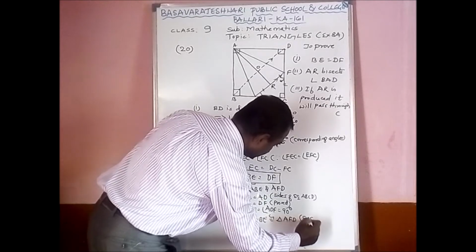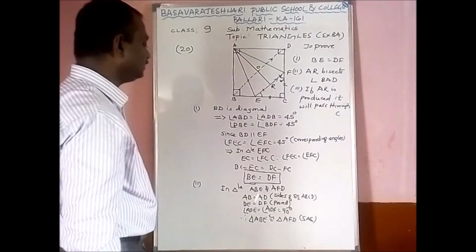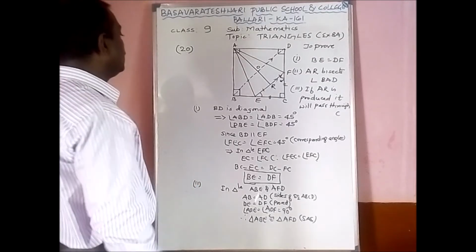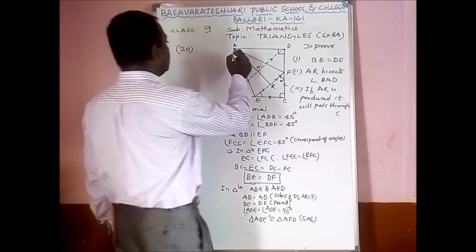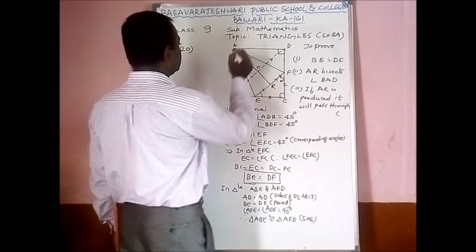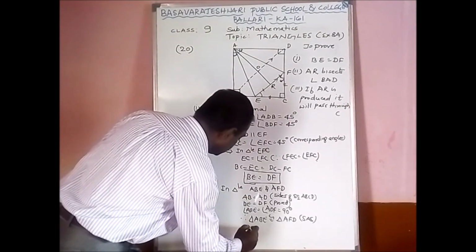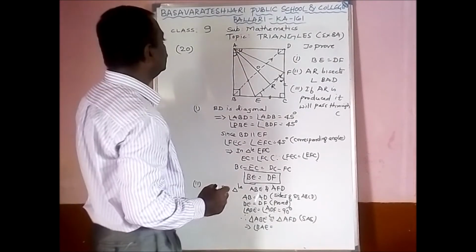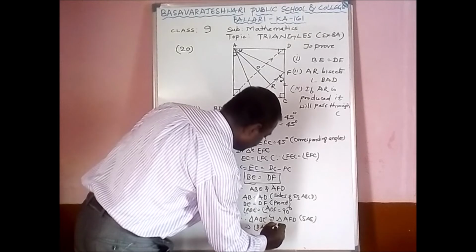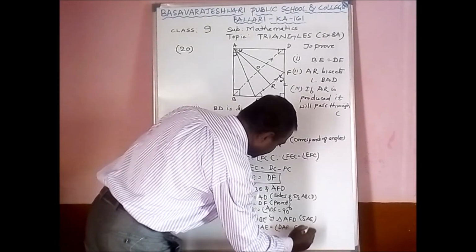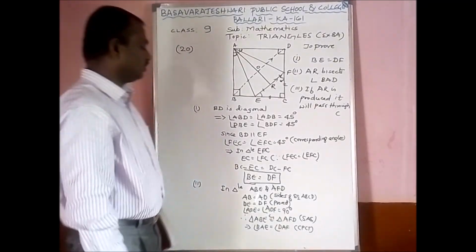So by CPCT these two angles are equal. This implies angle BAE is equal to angle DAF by CPCT. So we have proved the one triangle.